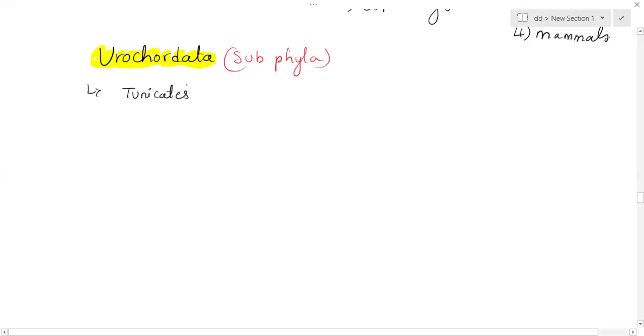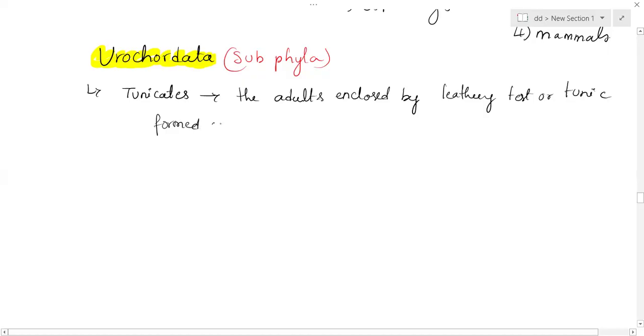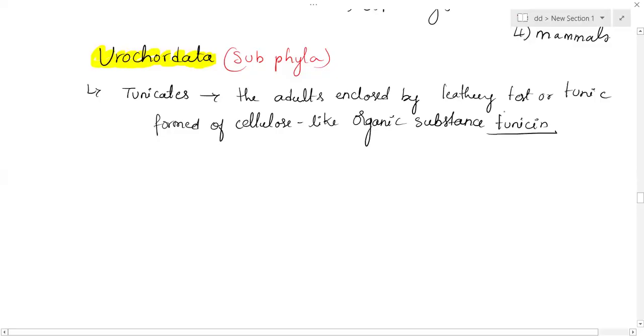It's called tunicates because the adult body is enclosed by a leathery test or tunic, formed of a cellulose-like organic substance, called tunicin, which is a protein.